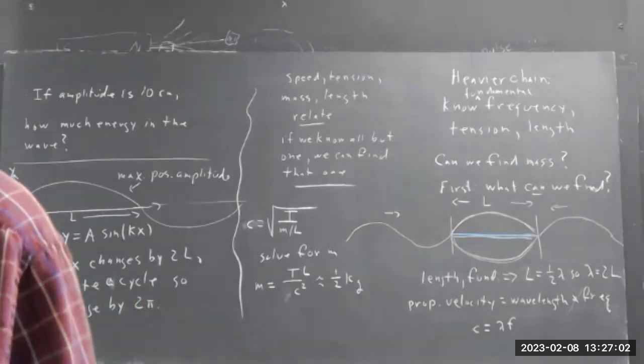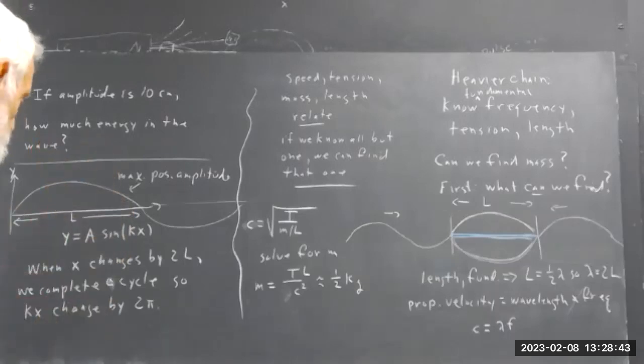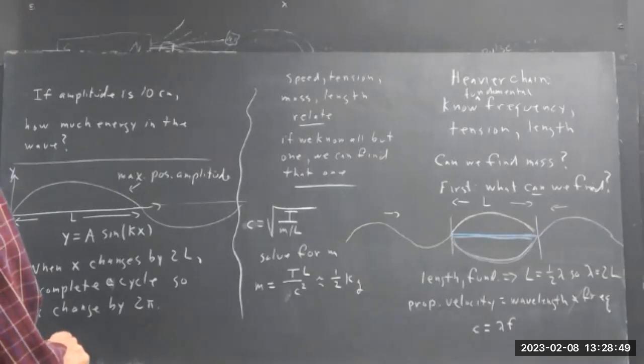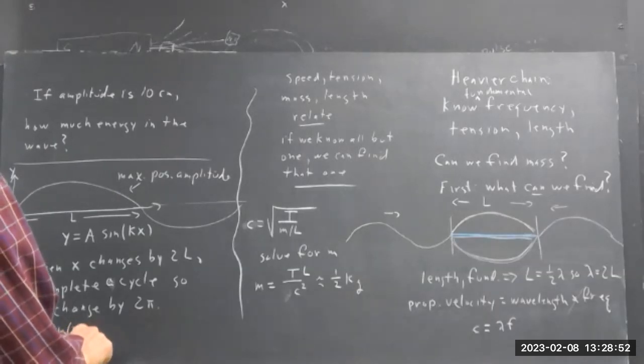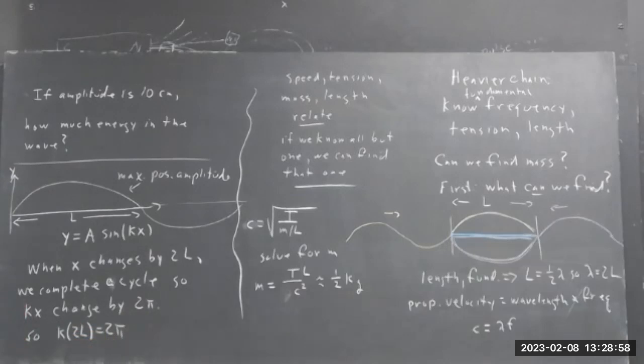So what's KX? Or what's K? Put this together, but it's an important picture, so you really want to understand it. K times 2L has to equal 2 pi, because if X changes by 2L, then KX changes by K times 2L, and KX changes by 2 pi.